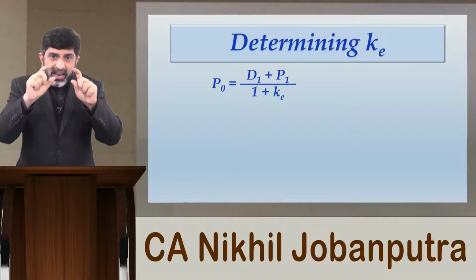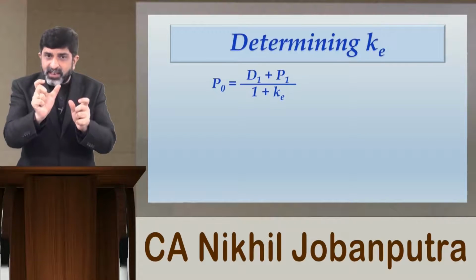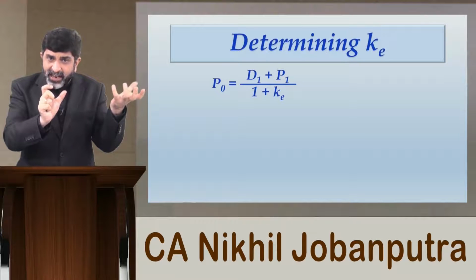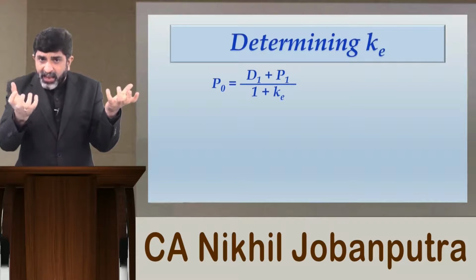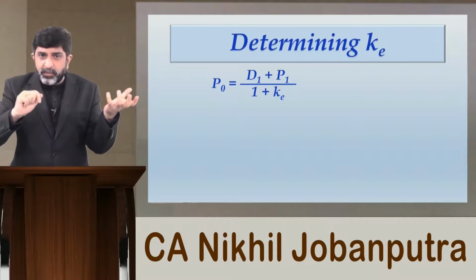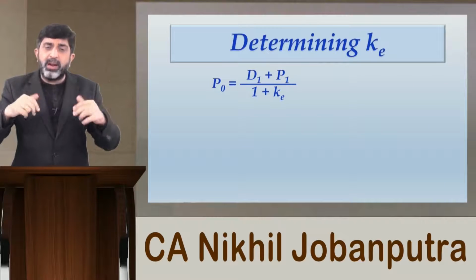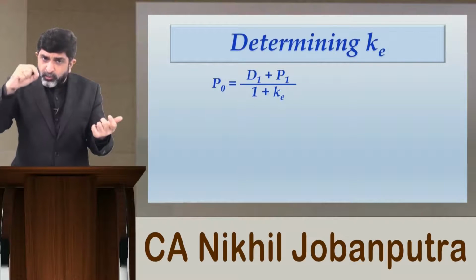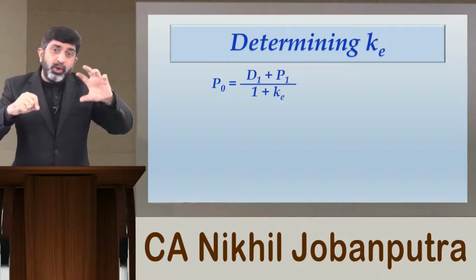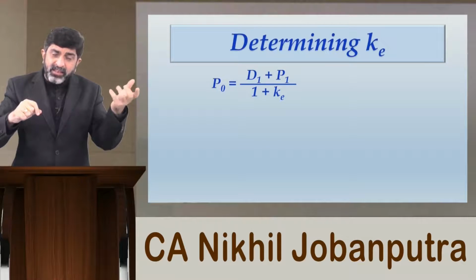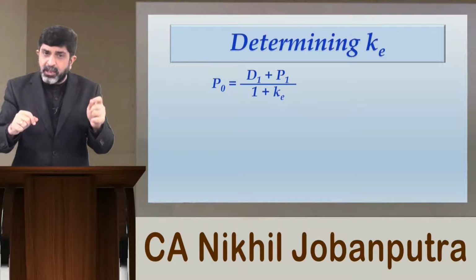When you take aggregate 280 as wealth by year end, wealth today at the point of investment is rupees 200. What I am trying to say is 200 is what you are investing today and 280 is what you are expecting to have in hand by end of the year.